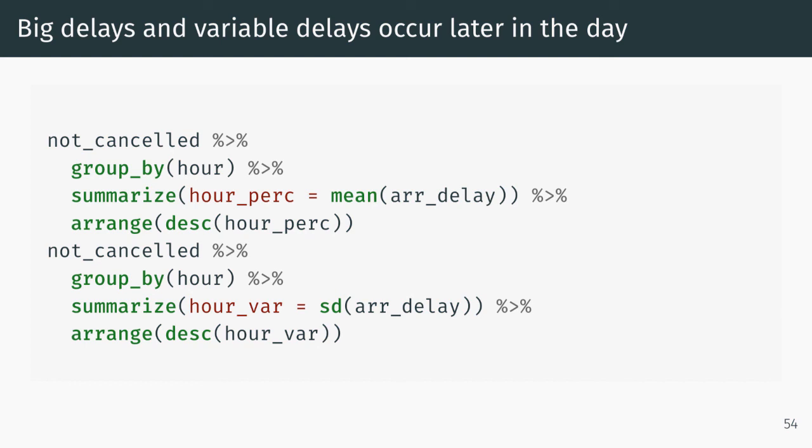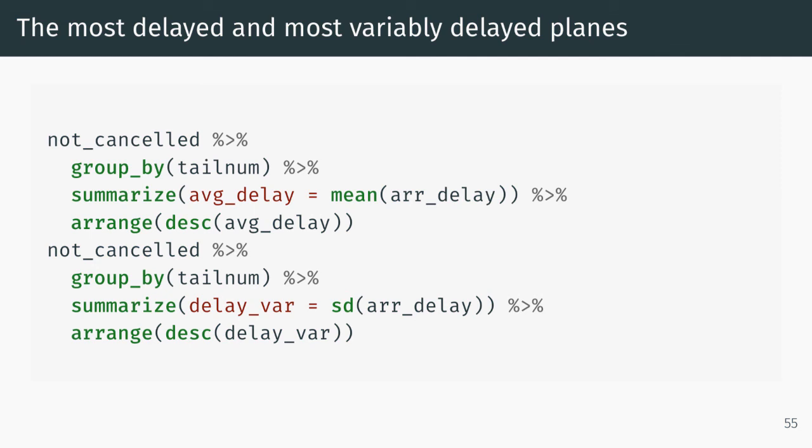Big delays and variable delays occur later in the day, so we can group them by the hour of the day, with the exception of probably midnight. I think we changed midnight earlier to be 0, so that is going to affect this.